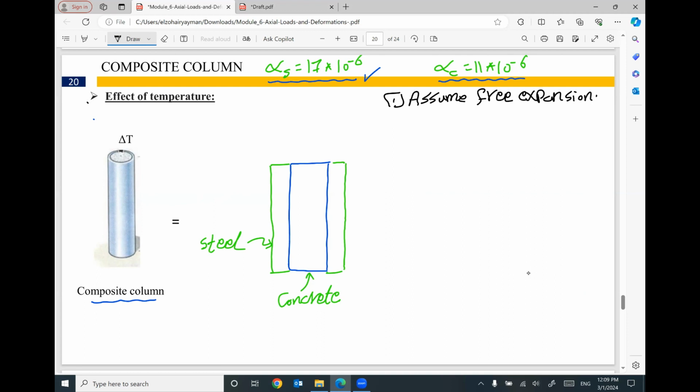So concrete will expand alpha concrete delta T L concrete. So concrete will expand a little bit. How much? Delta concrete.